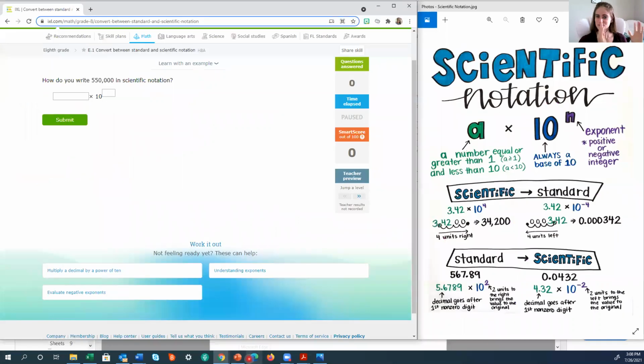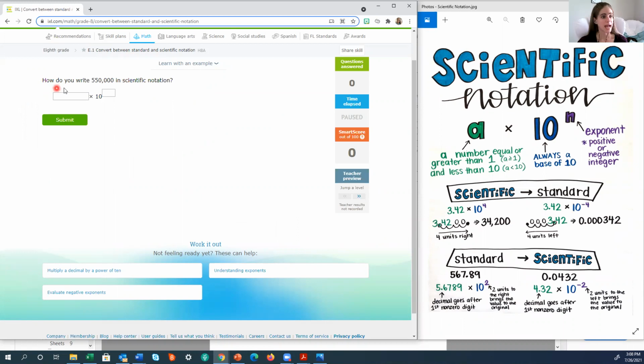Here we go. On the left, I have the IXL screen, but on the right, I have a nice little picture right here, so we have that as reference, and you guys can use that until you've practiced enough that you're confident to do it on your own. Once again, the IXL assignment that we're focusing on is converting between standard and scientific notation.